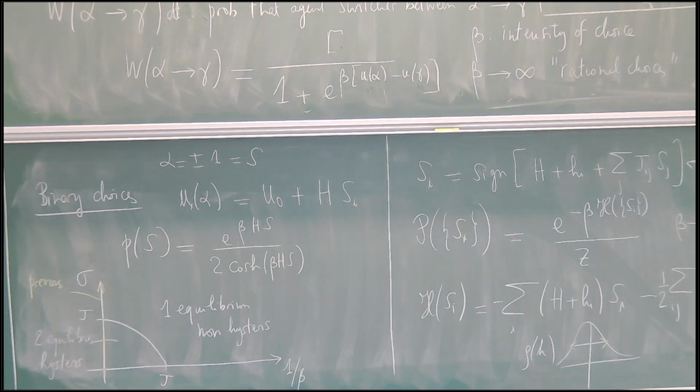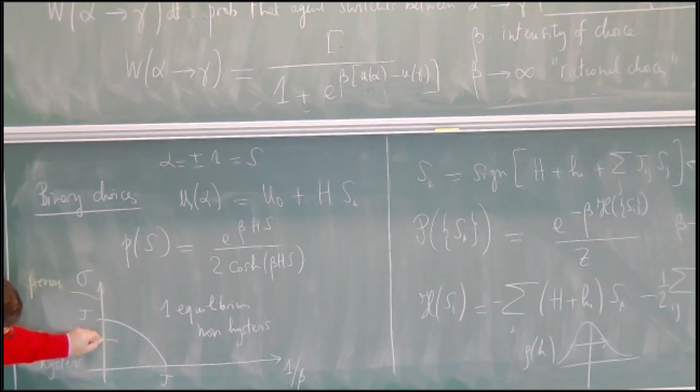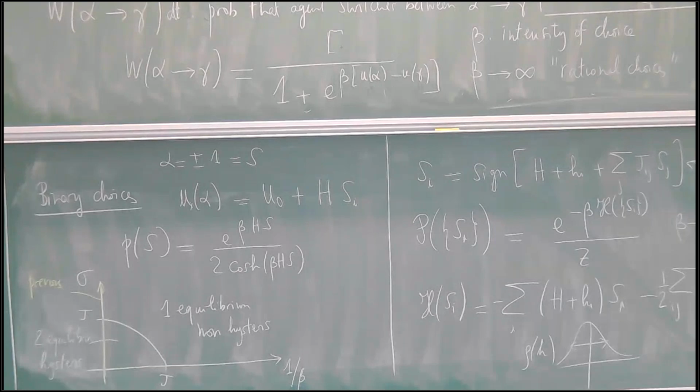And what we saw in the previous lecture is that indeed there exists a critical ratio of J over sigma, such that if J over sigma is greater than some value, you're in the hysteresis phase. So you see that in this diagram here, it corresponds to this region, whereas if sigma is strong enough, that is J over sigma weak enough, you recover a continuous evolution.